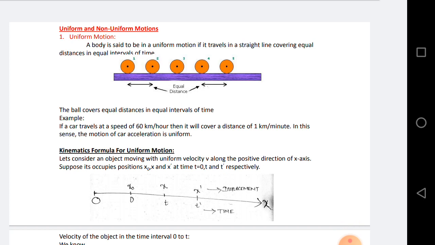But this uniform motion is nothing but the uniform velocity. So uniform motion is the same as uniform velocity.